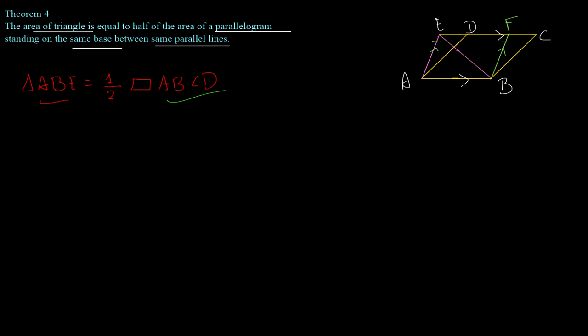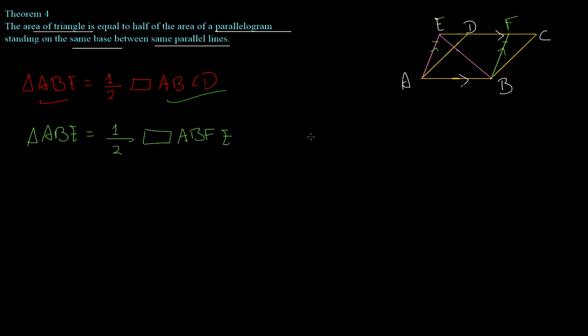If you look closely, we have a diagonal EB. The diagonal of a parallelogram bisects the parallelogram. We have learned about it in theorem 1. So the area of triangle ABE will be half of the area of parallelogram ABFE.